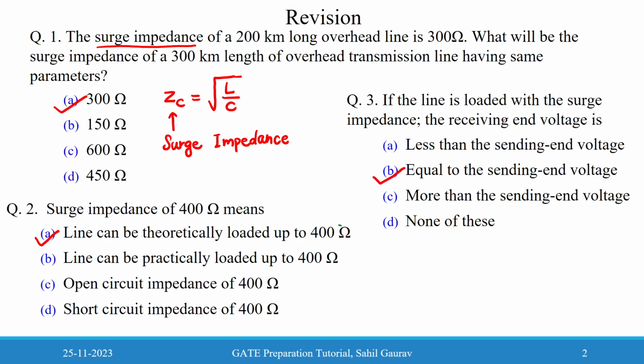And suppose the line is loaded less than the surge impedance loading, then the receiving voltage will be more than the sending voltage. And vice versa, if the line is loaded with more than surge impedance, then the receiving voltage will be less than the sending voltage. So these are the basic questions based on the surge impedance.